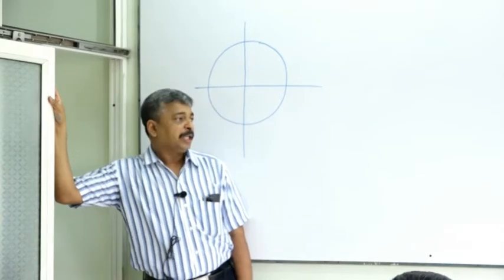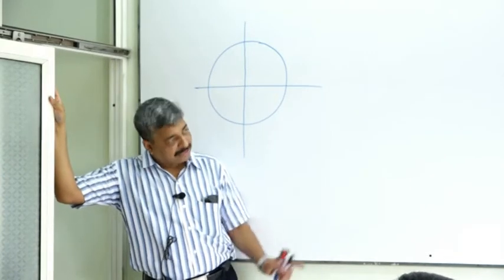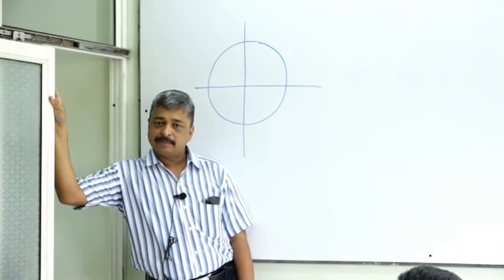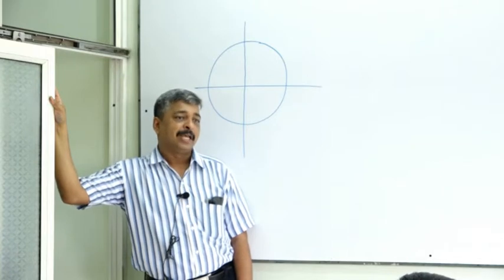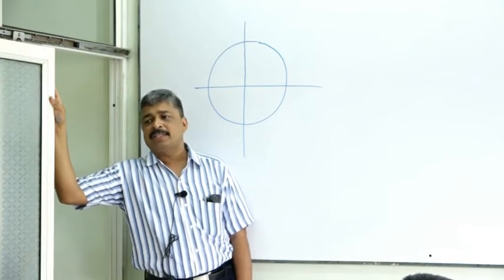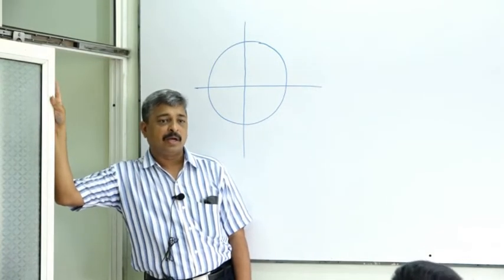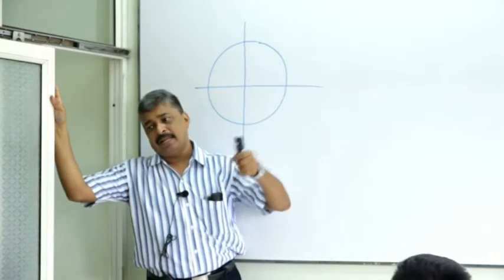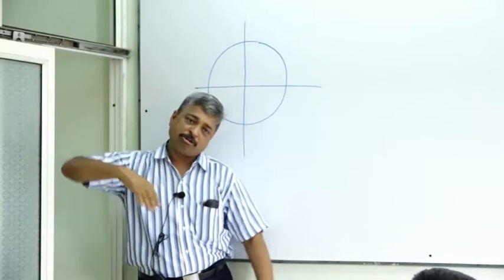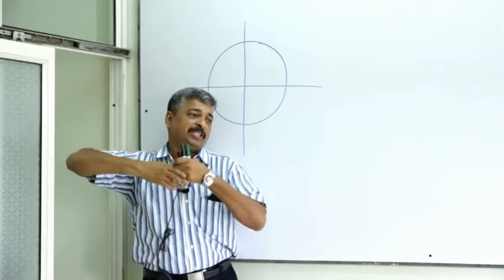And therefore, if I wish to plot theta versus sine theta, theta on the x-axis and sine theta on the y-axis, I would like to find out what is the nature of this curve, how it behaves. Theta goes from minus infinity on the left-hand side of the x-axis to the right-hand side of the x-axis, because theta is real.